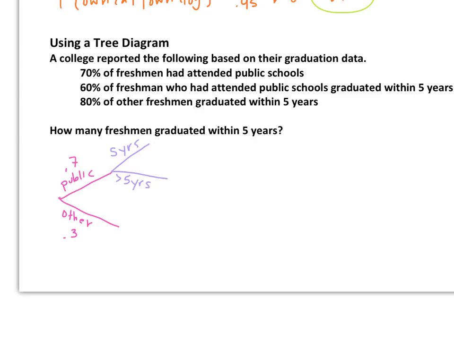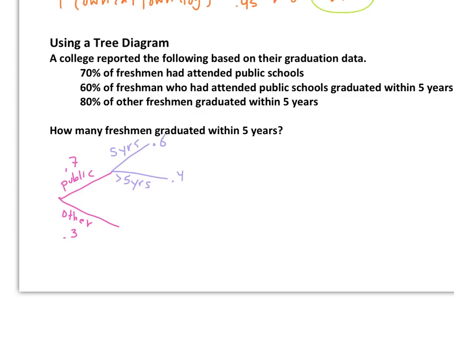All right, and 60% of the freshmen who attended public school graduated within 5 years. So this is our 0.6. Well, the other side of that must be 0.4, so 60% or 40%.